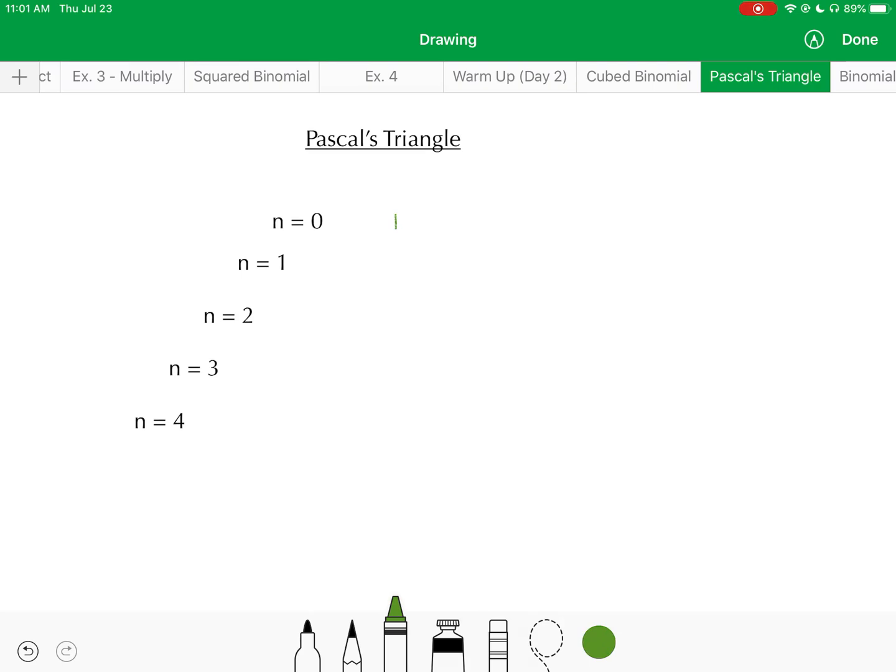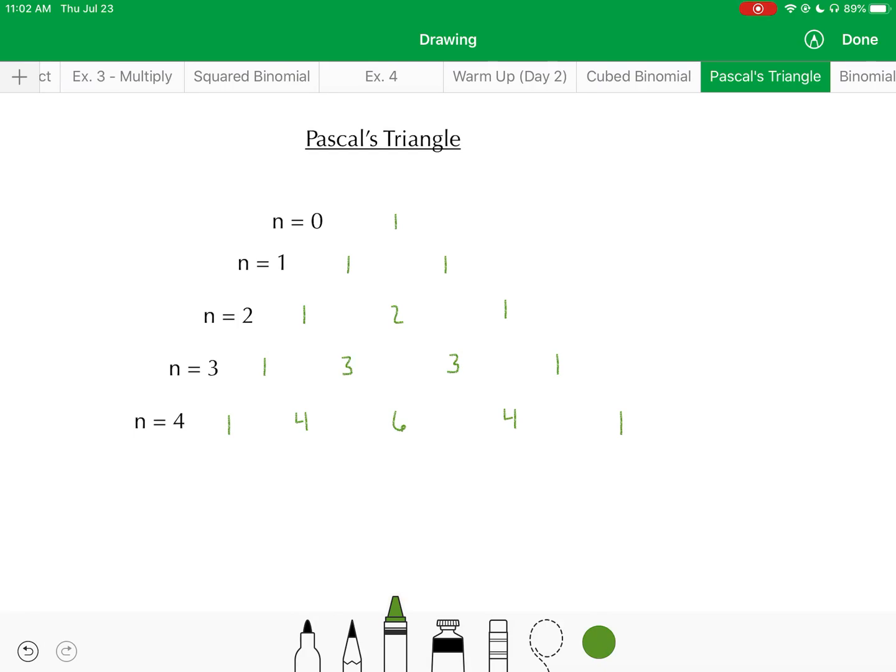This next row is considered the first row, n equals 1, and it would have values of 1 and 1 in it, okay? Then the row below that would be 1, 2, and 1. The row below that is 1, 3, 3, 1. The row below that is 1, 4, 6, 4, and 1.